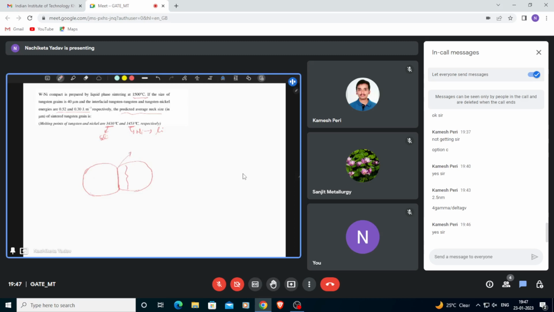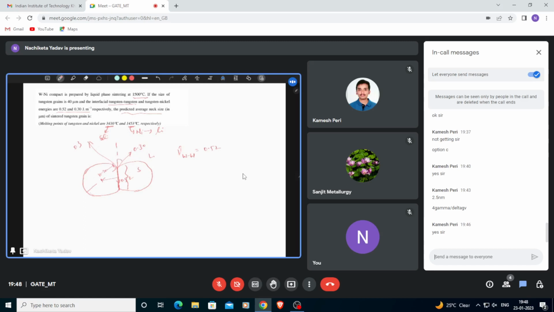The tungsten to tungsten surface energy, gamma W to W, is given as solid to solid 0.52, and between tungsten and nickel, solid and liquid, it is 0.3. The diameter is given as 40 micrometer, so the radius is 20 micrometer.